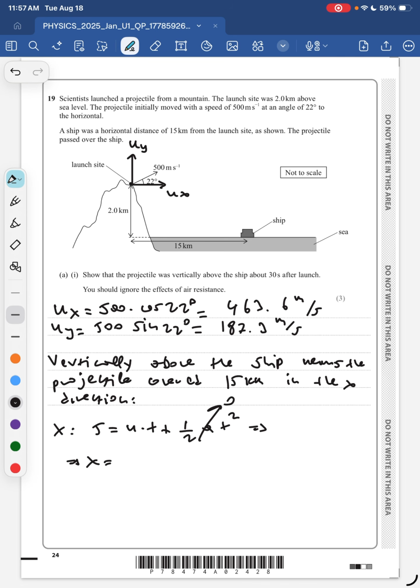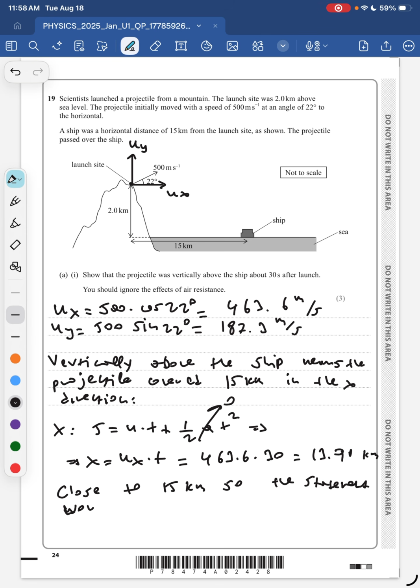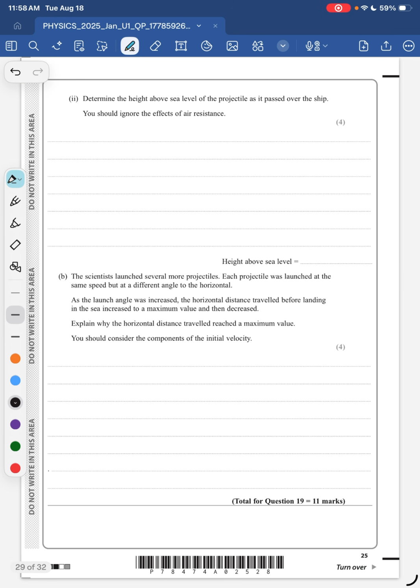So x is ux times t, and ux is 463.6 meters per second times 30 seconds, which gives us 13.91 kilometers. So close to 15 kilometers. So the statement works. I guess it will take about 32 seconds to be exactly at 15 kilometers, but that works.